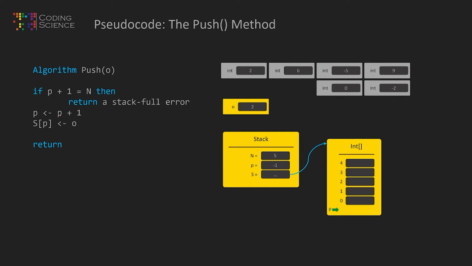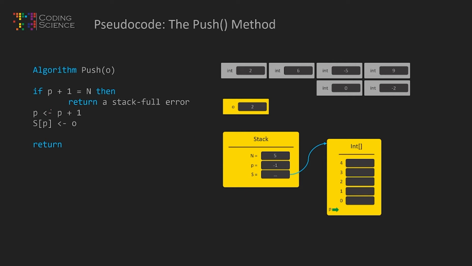So here, first, we'll attack it from that side. Usually you work that way around. So p plus 1. We haven't changed the value of p, we just did a check. So p is still at -1. So p plus 1 is 0.